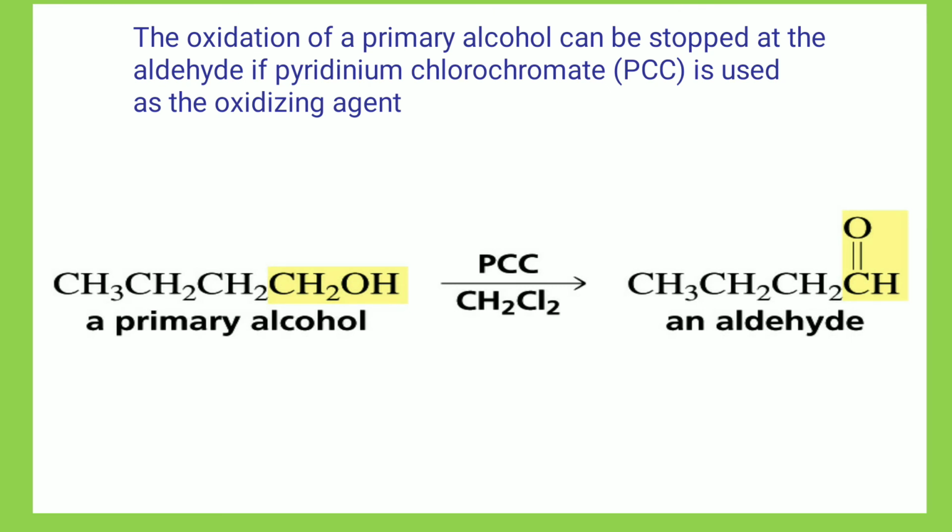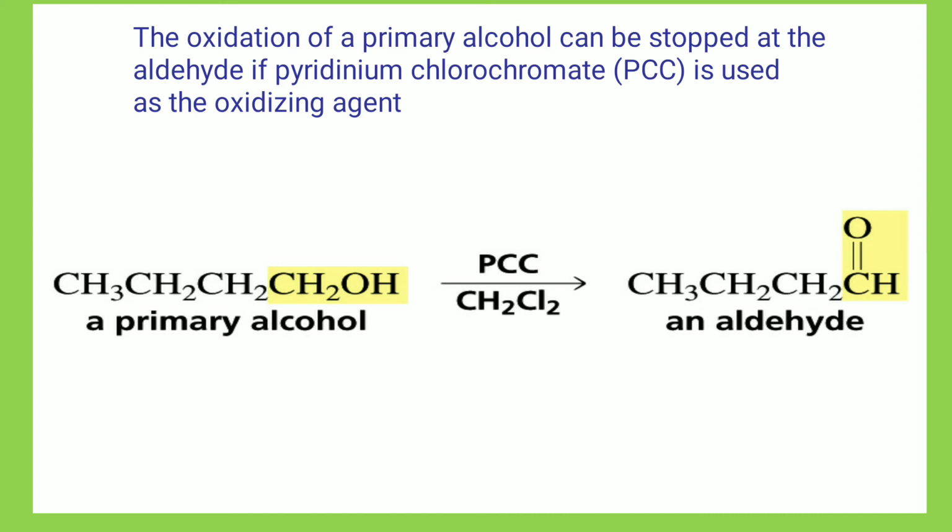Here we learned that chromate, on oxidation of the alcohol, gets converted to the aldehyde, but the reaction does not stop there; it proceeds further to the acid.